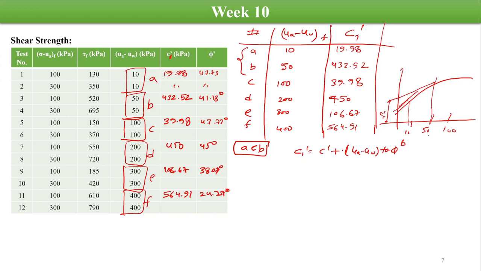Then we will obtain the first equation: 432.52, let's say for B, is equal to C dash plus 50 times tan phi B. And this is equation 1. Then 19.98 is equal to C dash plus 10 times tan phi B. This is equation number 2.